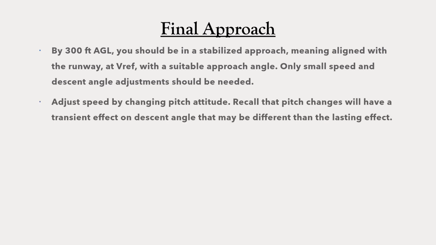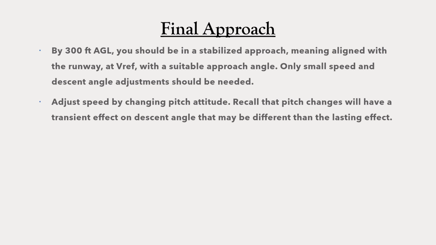So you make speed adjustments by changing your pitch attitude. You may recall from the primary controls lesson that when you make a pitch change, there's a transient effect and a lasting effect. So when you raise the nose, there will be a transient effect where you go to a shallower descent angle, and lowering the nose has a transient effect of increasing your descent angle.